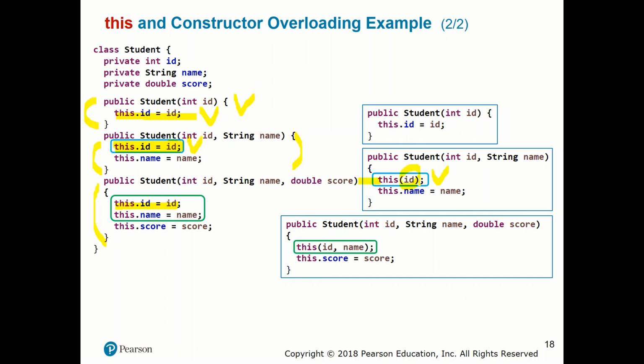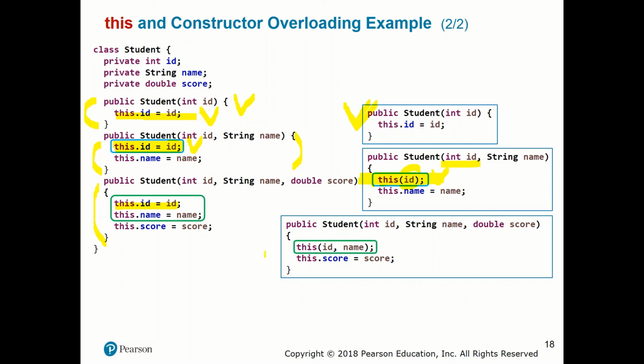Since id is an integer, actually it means that in this line, call another constructor that has one integer parameter. So this constructor will be called automatically here. At this line, the first constructor will be called.